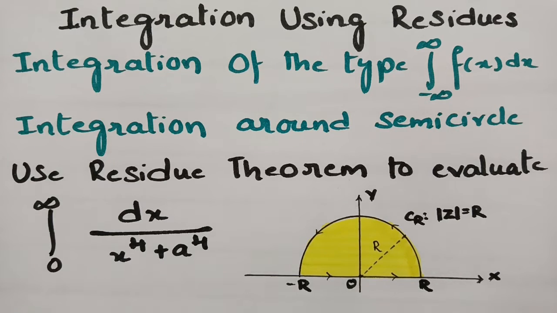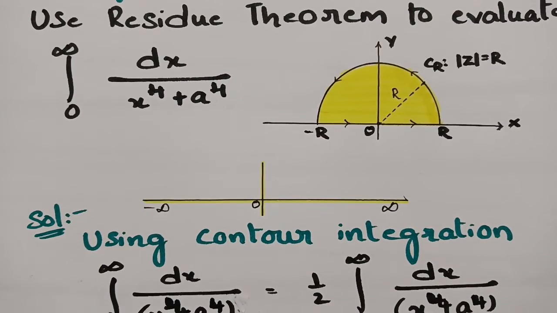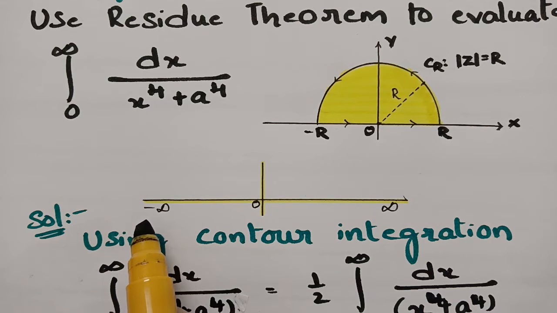I'm going to explain each and every bit here. Using this contour integration, the distance from 0 to infinity is the same as the distance from 0 to minus infinity.